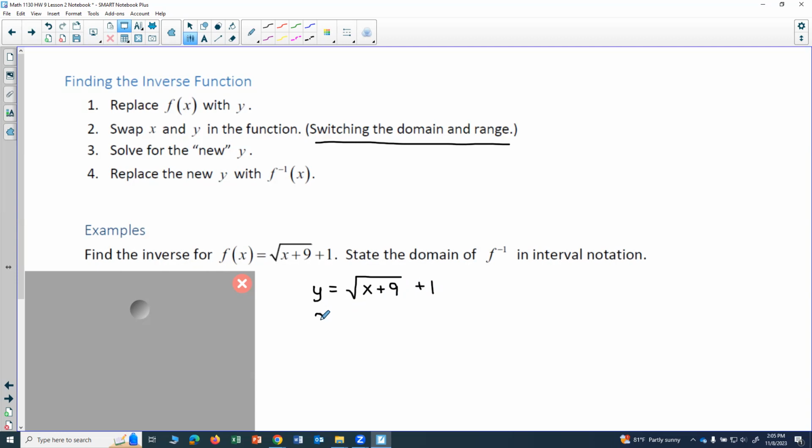And then I want to swap x and y. So I get x equals the square root of (y plus 9) plus 1.